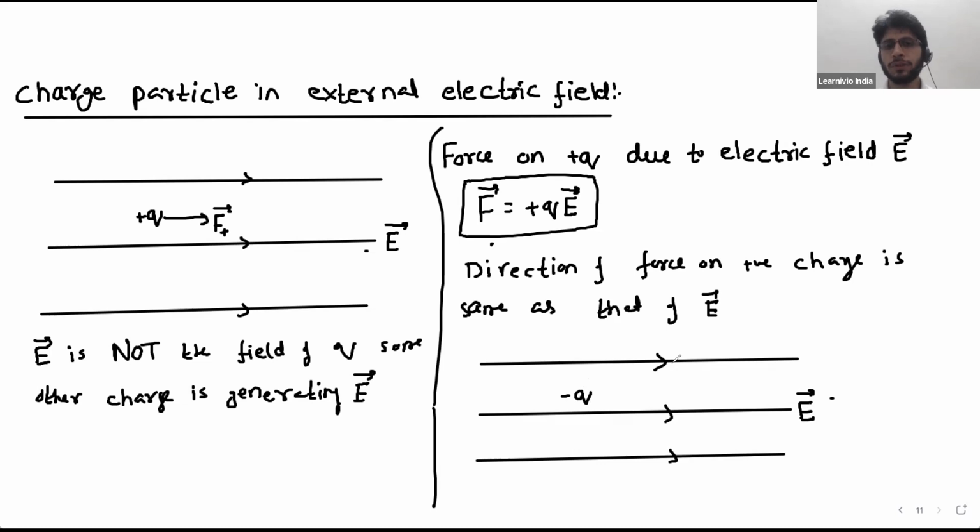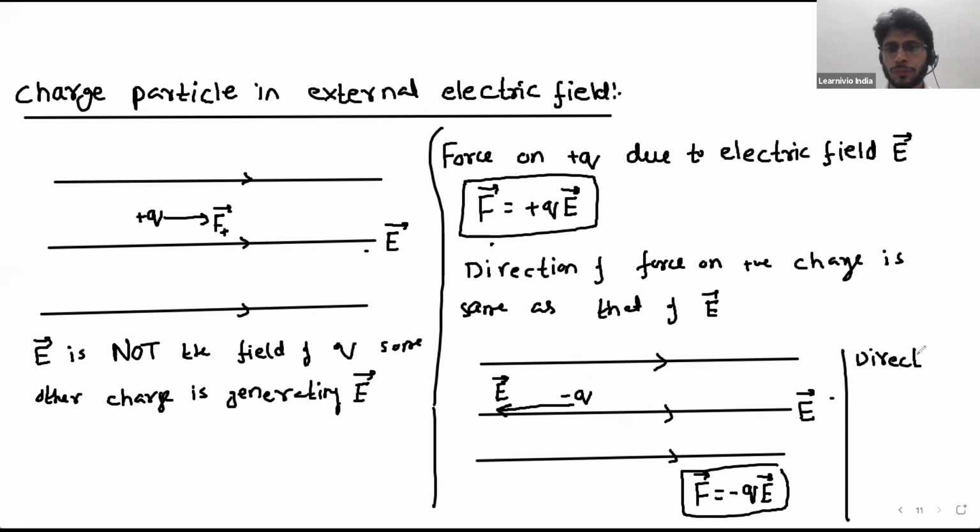Then what will happen is this field will push this negative charge in a direction opposite to that of the field. So the force on negative charge will be minus qE. Direction of force is opposite to that of field.